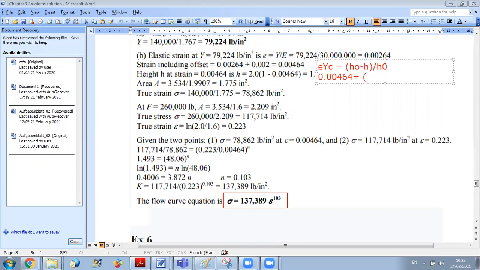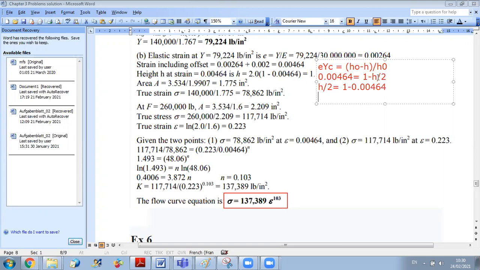If you divide by H0 here, what do you have for the second term? It's 1 minus H over 2, which is H0. Now, in order to calculate H, you can deduce that H over 2 is equal to 1 minus 0.00464.